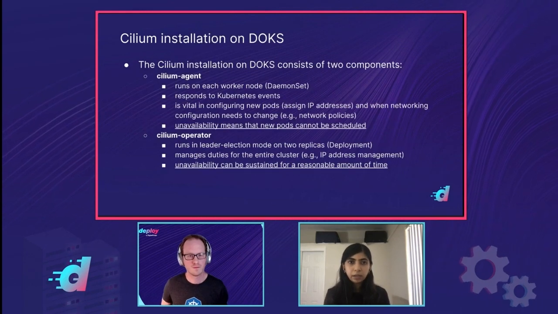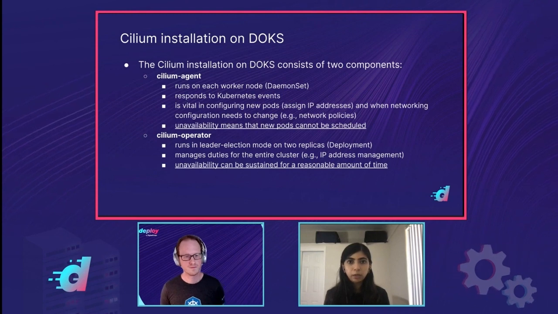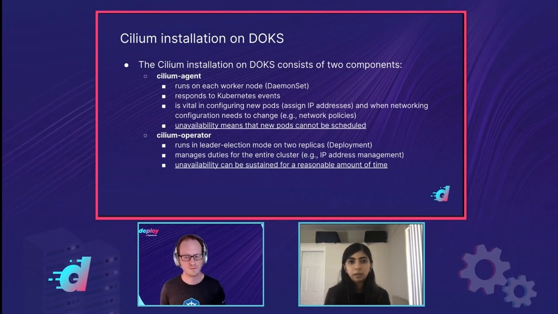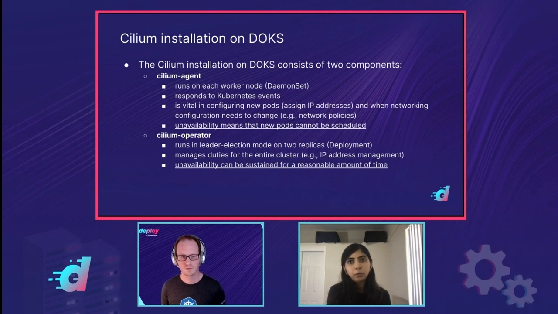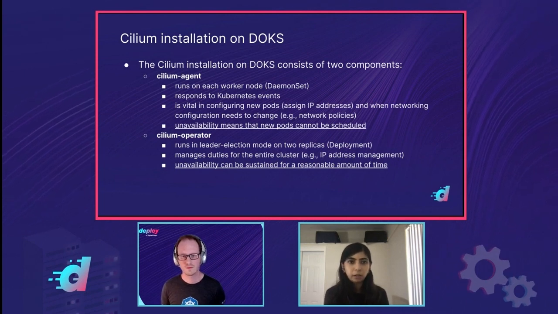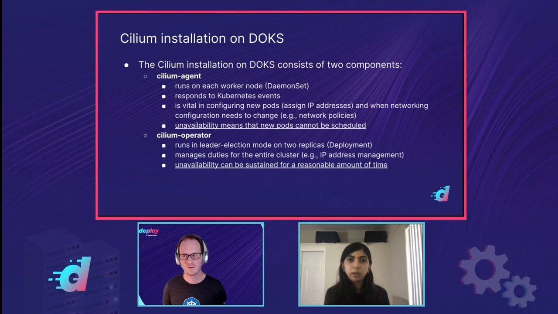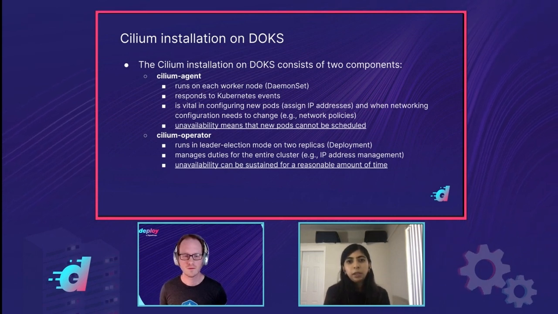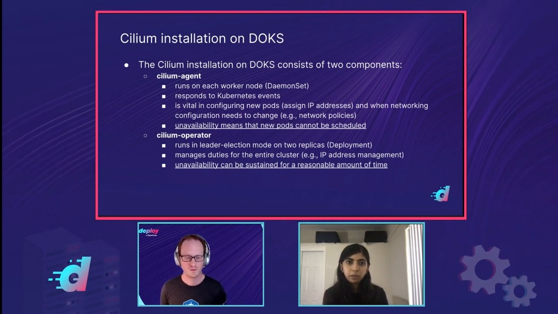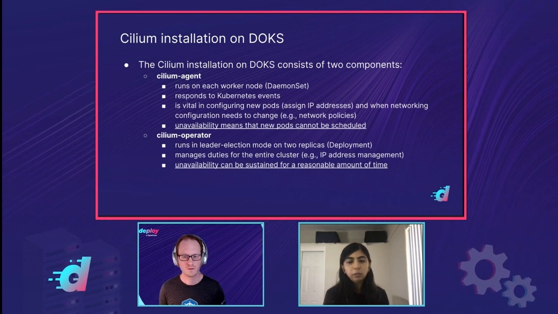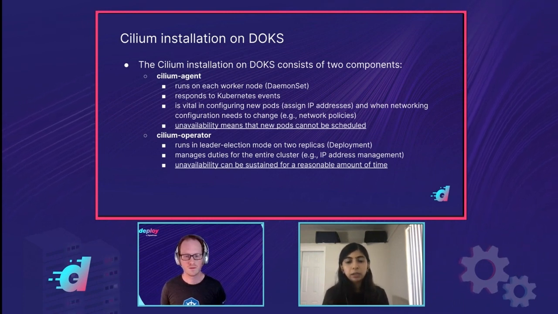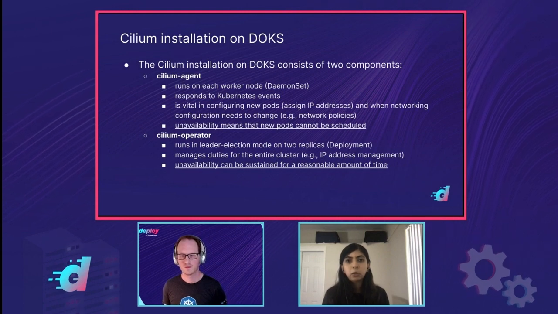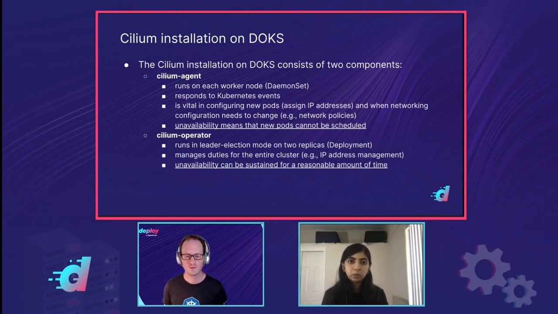The Cilium installation comes with two components: Cilium agent and Cilium operator, and both of these are managed by DOKS. You don't have to do anything except monitor them to see that they're running all the time. Cilium agent is deployed as a daemon set, and it runs on every worker node. It usually accepts configuration via Kubernetes network policies and administers them on the workloads on that node.